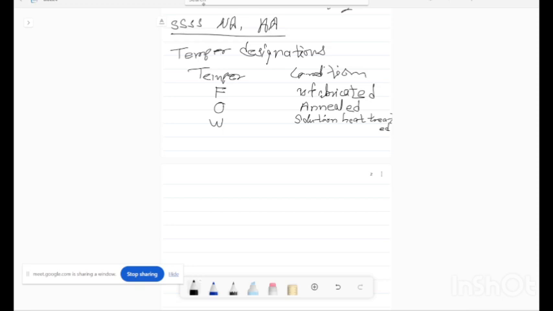And then after that, if the letter T followed by a digit is shown, that is used for different aging or deforming, shaping process. Like if there is T4, then the alloy is solution treated plus natural aged.